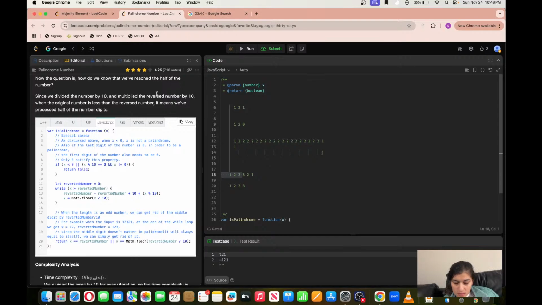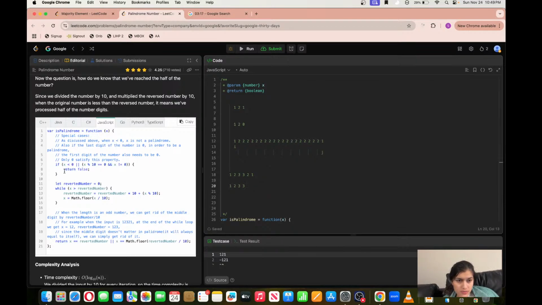When the original number is less than the reversed number, because it should always be true, right? 1 2 should be 1 2. So when the original number becomes less than the reversed number, whatever I've reversed, then it means we have processed half of the number digits.